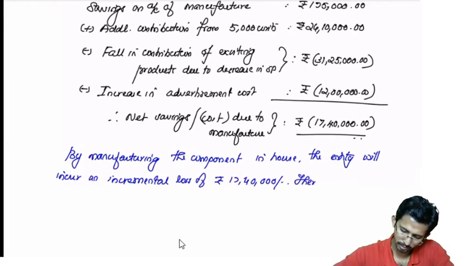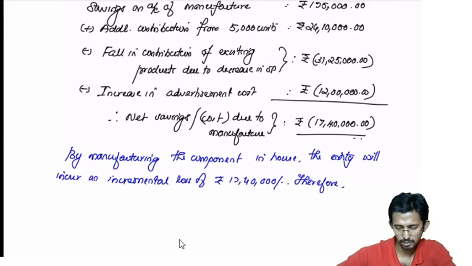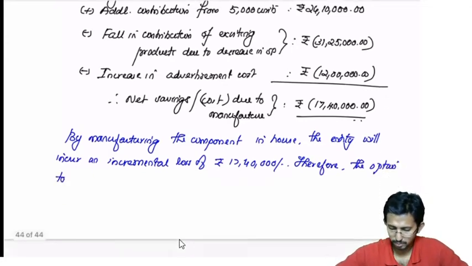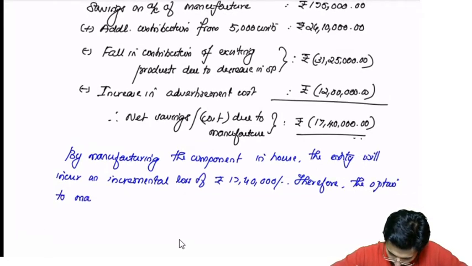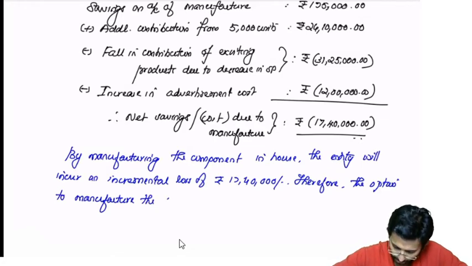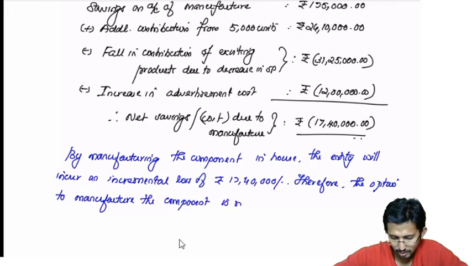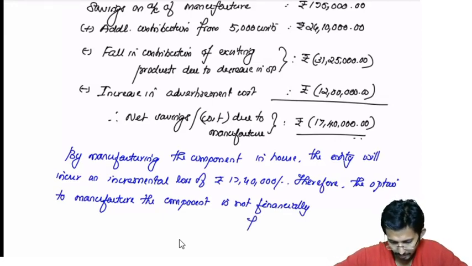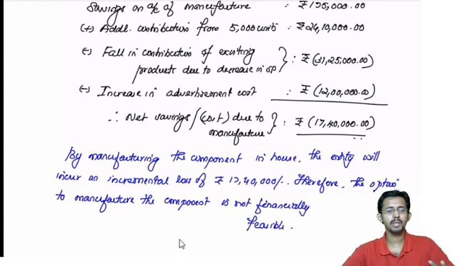Therefore, the option to manufacture the component is not financially feasible. That is the prima facie observation.